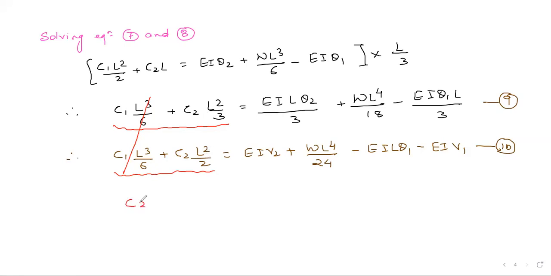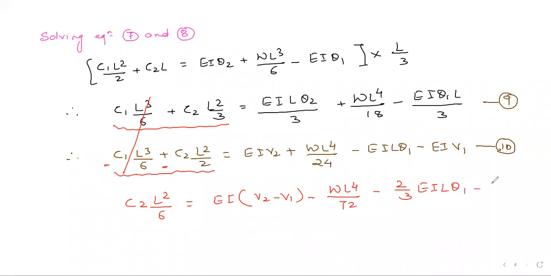Therefore we get C2 L square upon 6 from here, because this sign will become minus. Similarly here, we are going to get EI V2 minus V1 minus W L to the power 4 by 72 minus 2/3 EI L theta 1 minus EI L theta 2 upon 3.